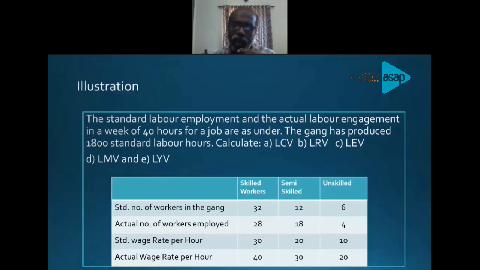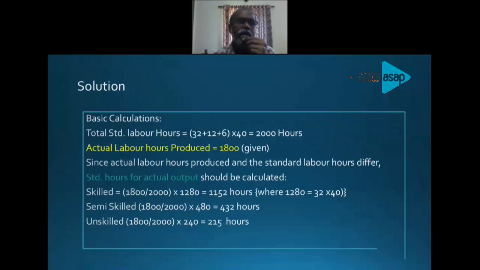We have to calculate labor cost variance, rate variance, efficiency variance, mix variance, and yield variance, so we need all this information. Okay, I hope you have completed the question. So moving on to the first part, that is labor cost variance. Shall I move?